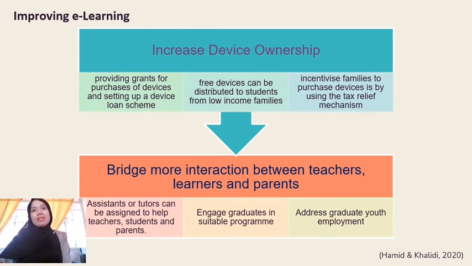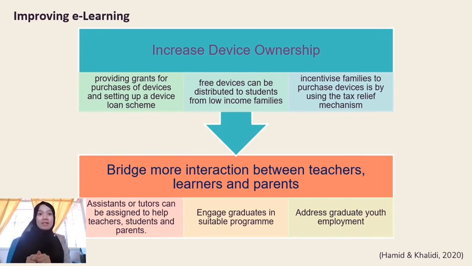First, to increase device ownership for learning purposes, initiatives to make them more accessible should be implemented. This could include providing grants for purchases of devices and setting up a device loan scheme similarly to the existing textbook loan scheme.